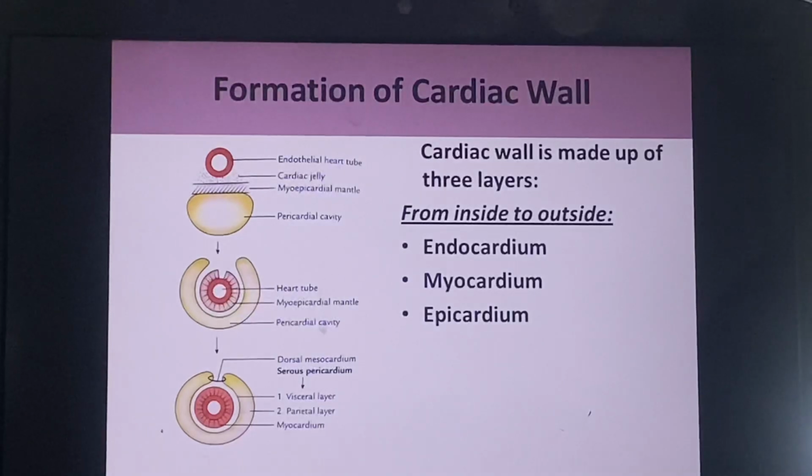Now if we see the heart as a structure, what are the layers present in the cardiac wall? From inside to outside it is endocardium, myocardium and epicardium.